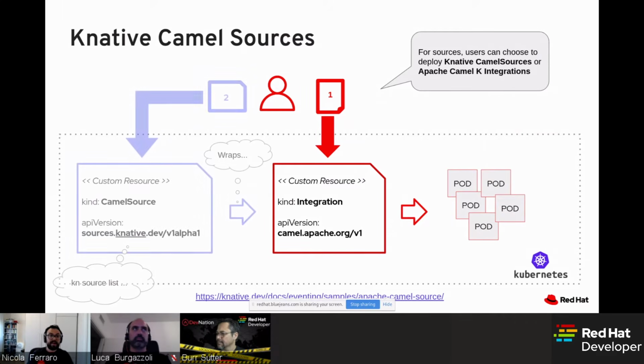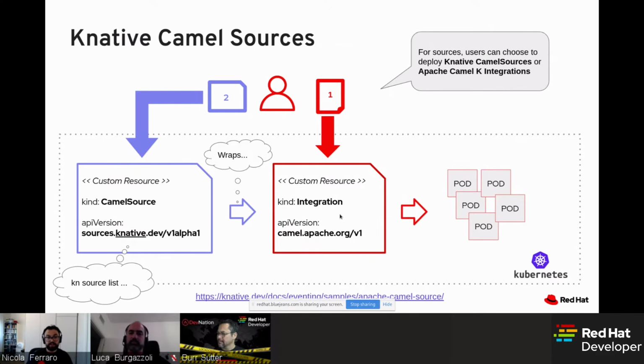For example, in Knative, there is this concept of source that is a high-level concept in Knative. And we have created these Camel sources that belong to Knative, so they are released together with Knative, and we maintain them. A Knative Camel source wraps a custom resource, an integration custom resource.